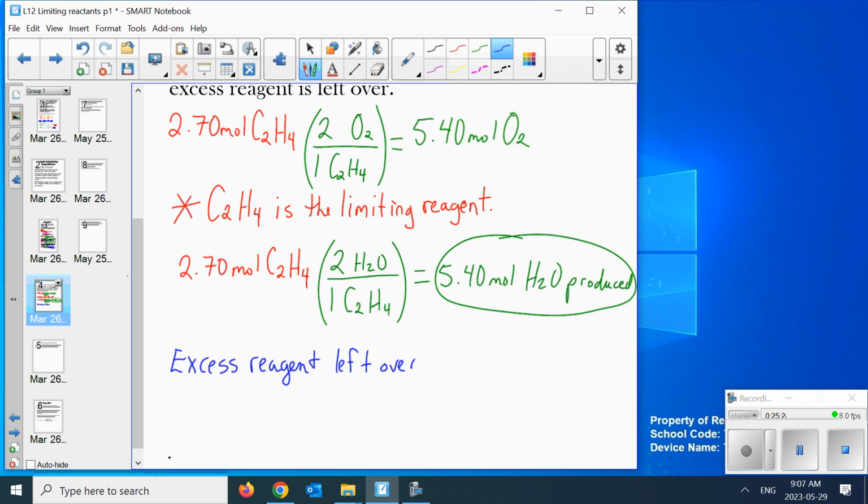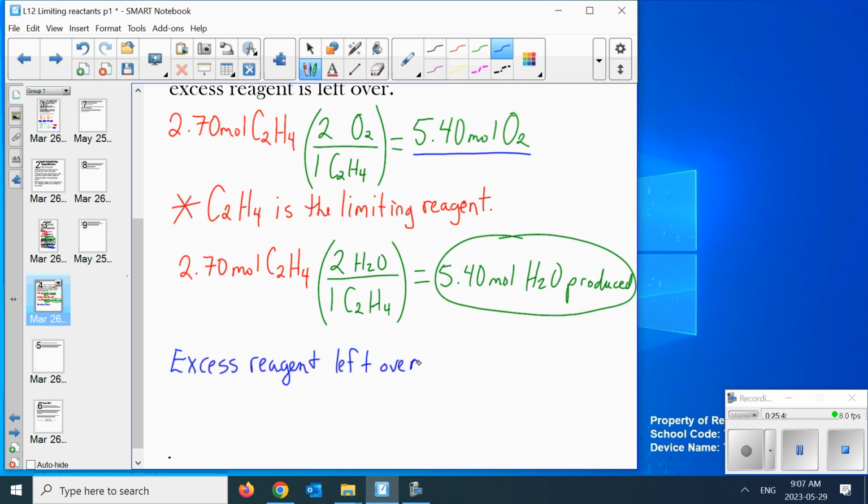Well, we can see from above, we're only going to use 5.4 moles of oxygen. Sometimes it's random which one you pick first, and you'd actually have to calculate the other way around. In this case, we were lucky.